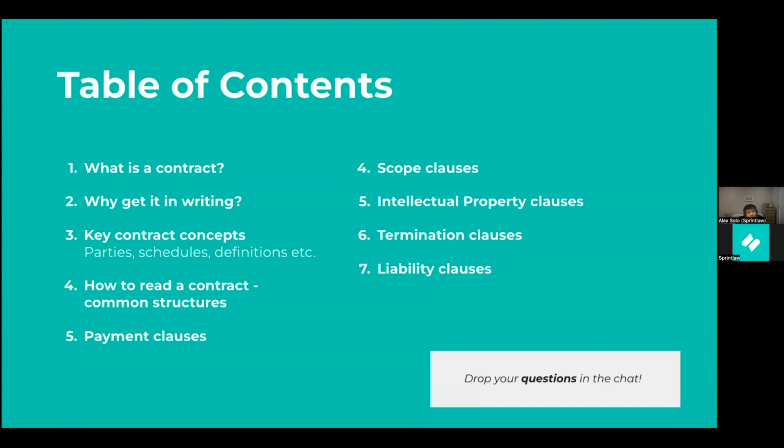And then I'll be going through some concepts in terms of how to understand and read contracts, and then really diving into some specific clauses that you'll commonly see in many contracts around payment, scope, IP, termination, liability, and explaining what you might look out for if you are given a contract with some of these clauses, and where the red flags may be.